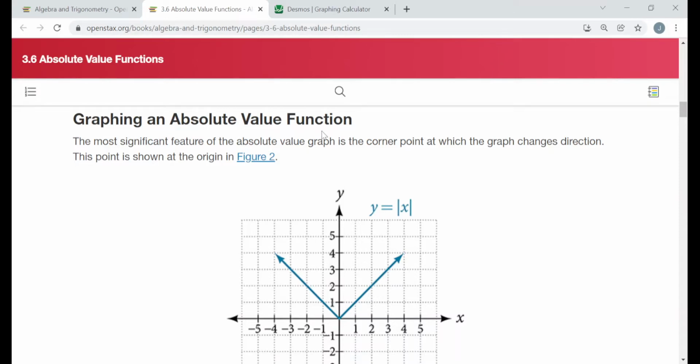Each example I do is either an example from the reading, one of the try it problems from the reading, or one of the exercises at the end of the section related to this particular objective.